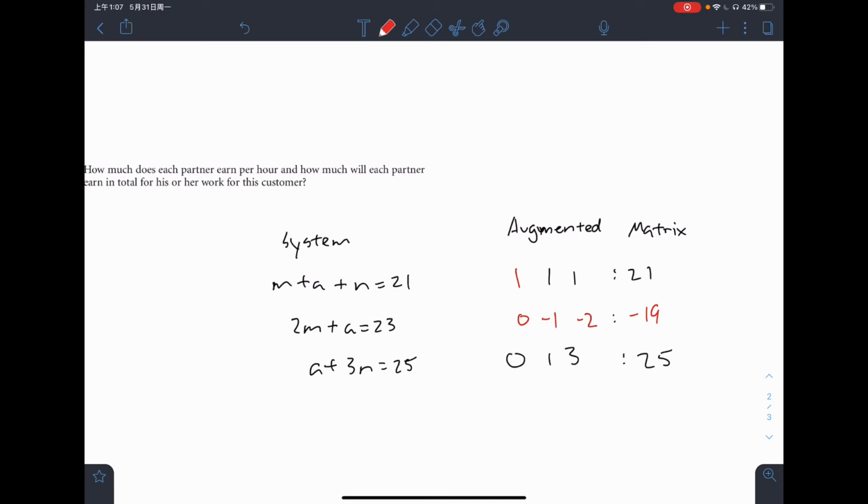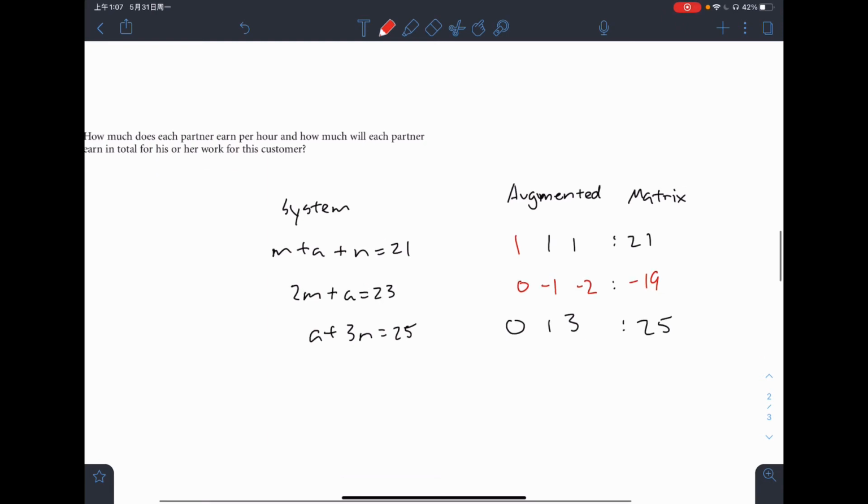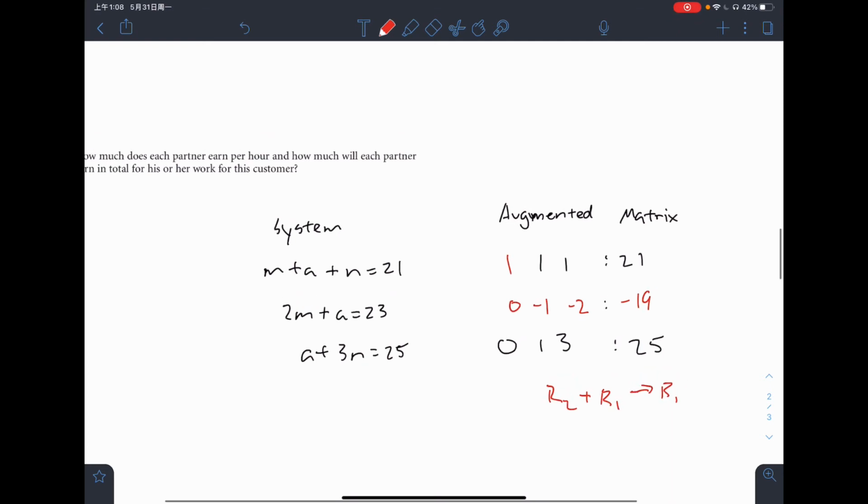And then inspect column 2. For row 1, change the entry to 0, using R2 plus R1. Row 1 would be 1, 0, -1, and 2. For row 2, change the entry to 1, using -1 times R2, which gives 0, 1, 2, and positive 19.